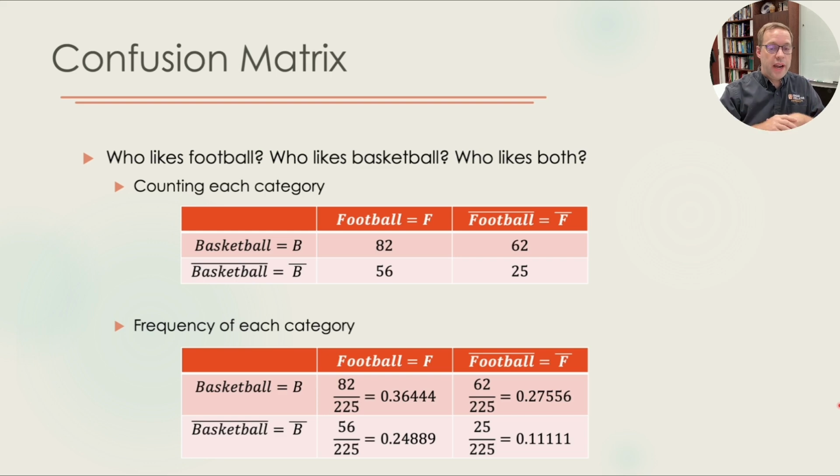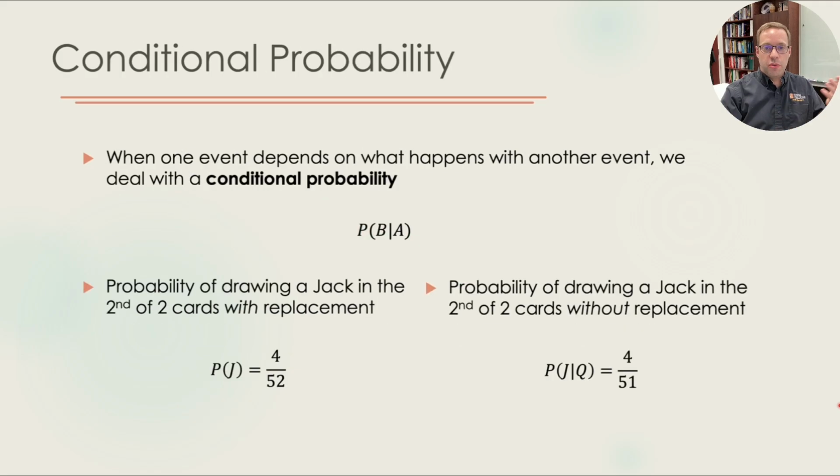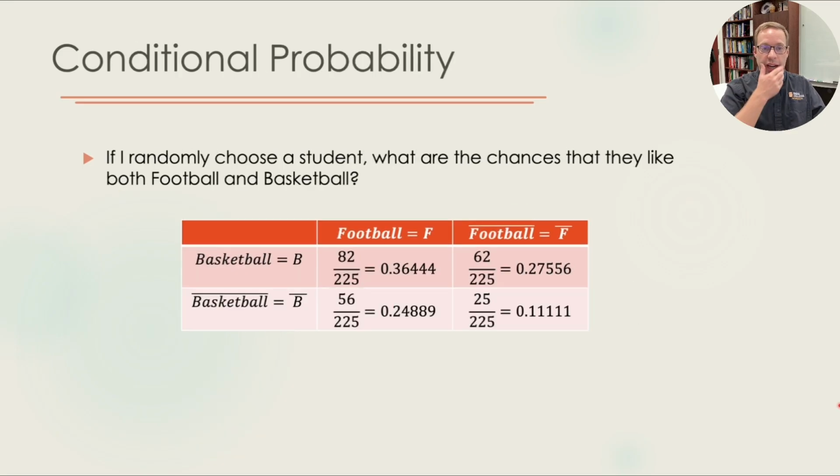Good? All right. Let's use this to talk about conditional probability. Remember our conditional probability, where event B depends on what happened with event A: the probability of B given that A has happened. All right.